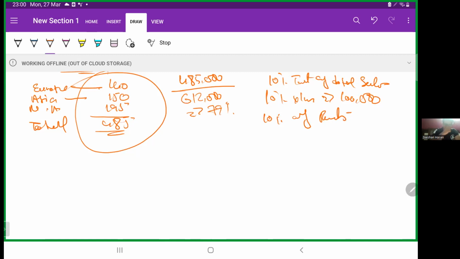So 10% of profit making segments, multiplied by 98,000 plus 47,000 plus 121,000 plus 12,000. That is 27,800.